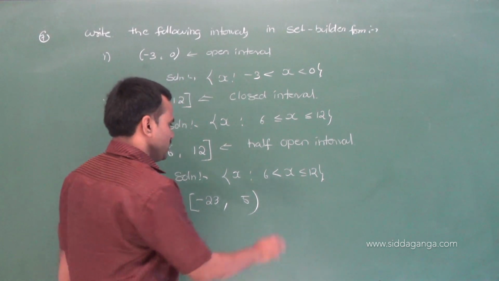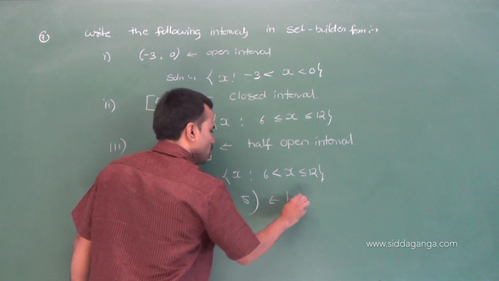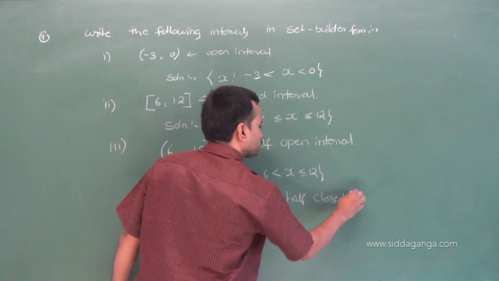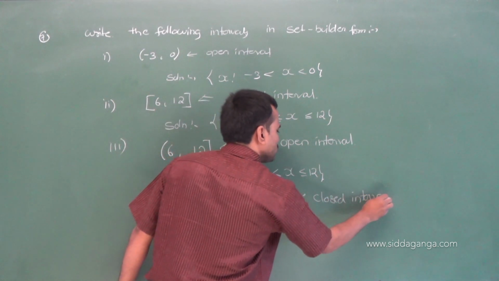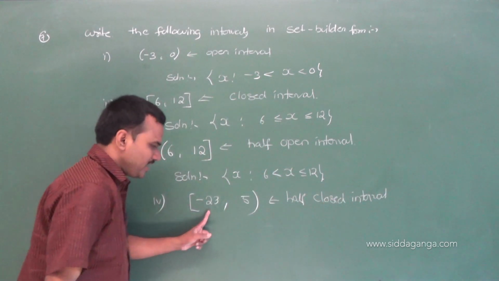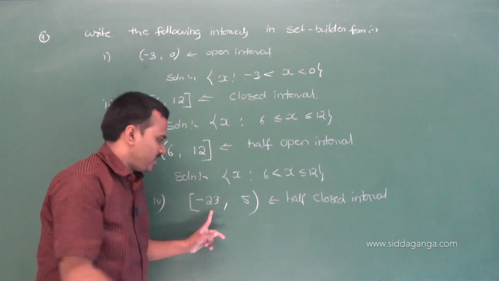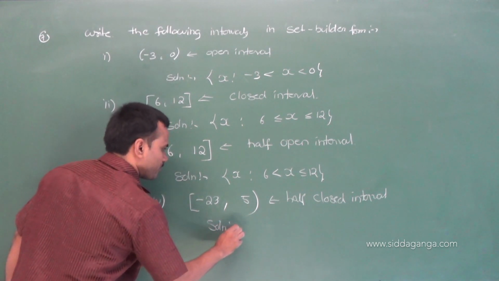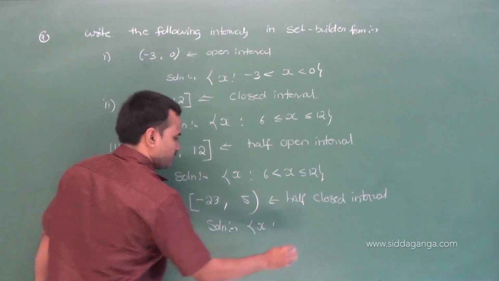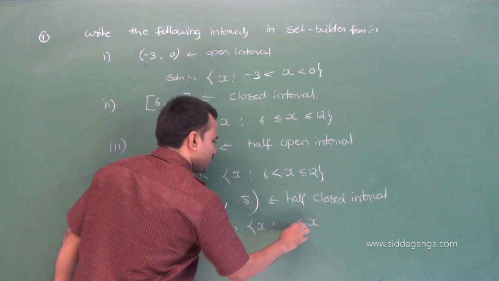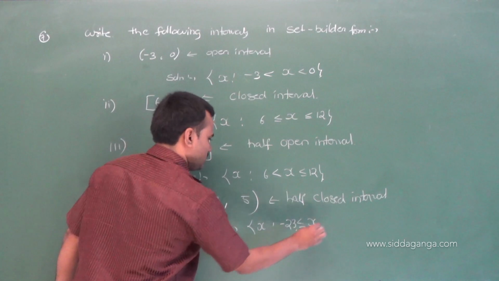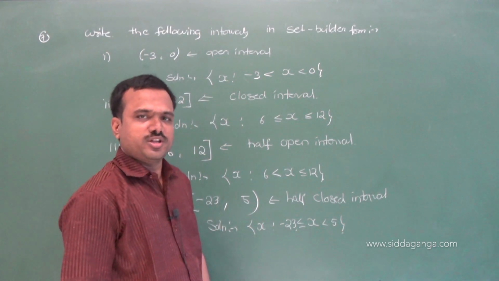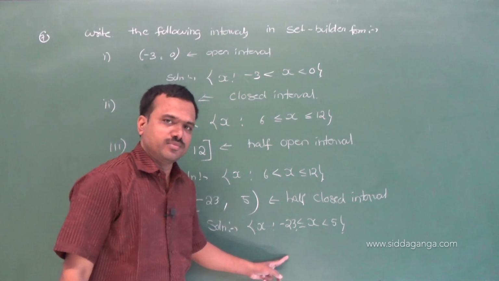This one is also a half open or half closed interval, whatever it may be. Observe here, minus 23 is included, 5 is excluded. Solution: X such that x is greater than or equal to minus 23, less than 5.